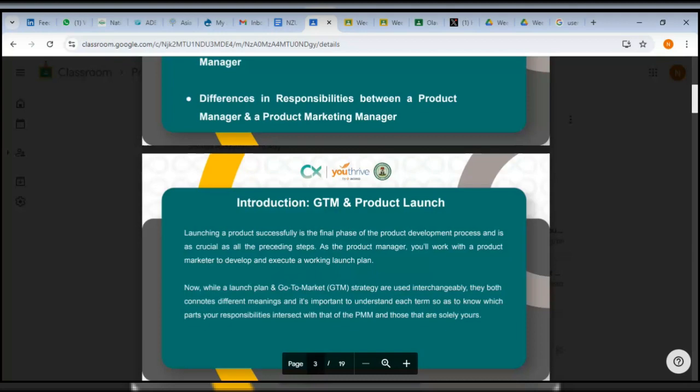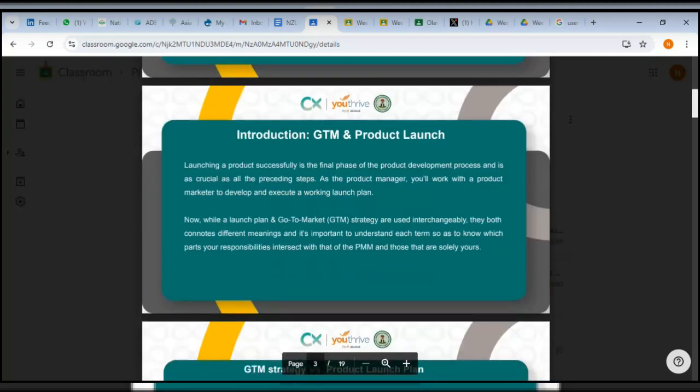Introduction: go to market and product launch. Launching a product successfully is the final phase of the product development process and is as crucial as all the preceding steps. As the product manager, you work with a product marketer to develop and execute a working launch plan.